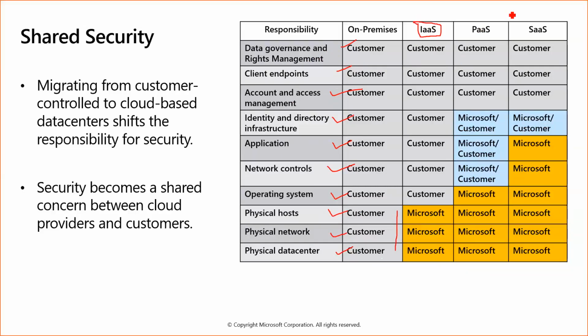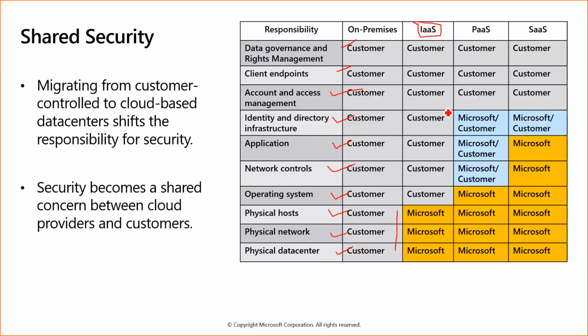Now, in terms of platform as a service, just take an example of a database, like Azure SQL Database. You have taken the service. In that case, along with what we had in infrastructure services, the cloud service provider will also have responsibility to secure the operating system.